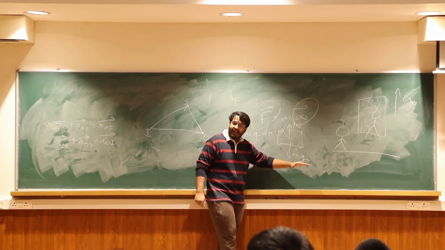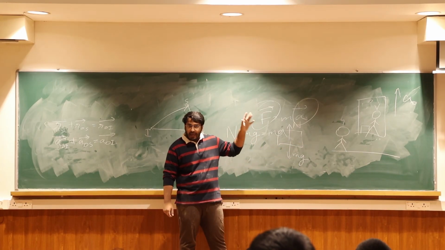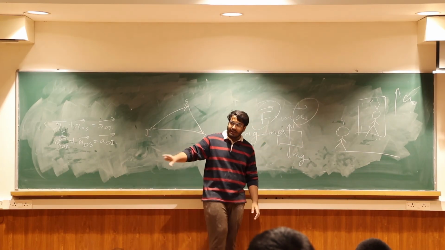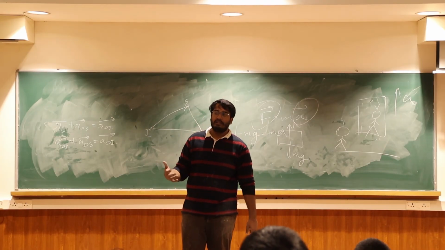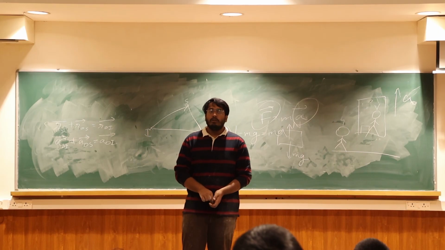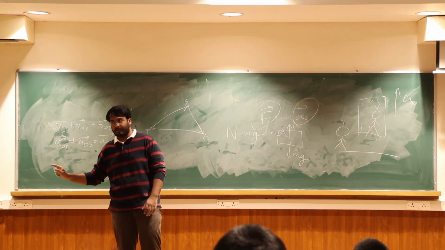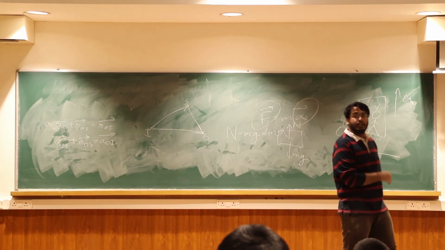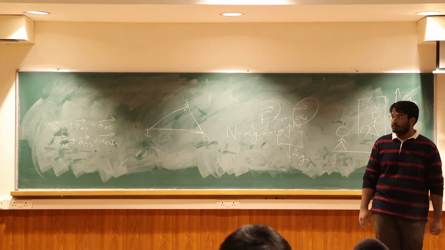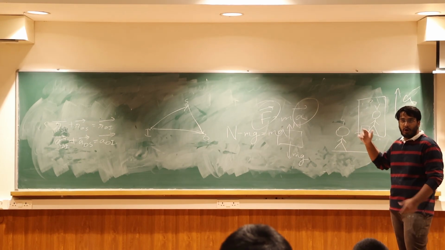He cannot apply F equals ma because he takes into account both the forces, and with respect to him there is zero acceleration, and when he writes Newton's second law, he finds out that he has made some mistakes. So that tells us that Newton's laws are not applicable to all reference frames. There are special reference frames which we call inertial reference frames, to which Newton's law is applicable. That is the job of the first law.